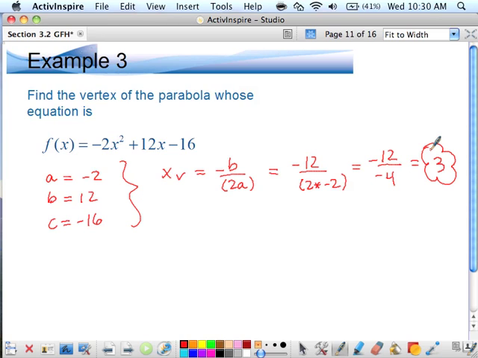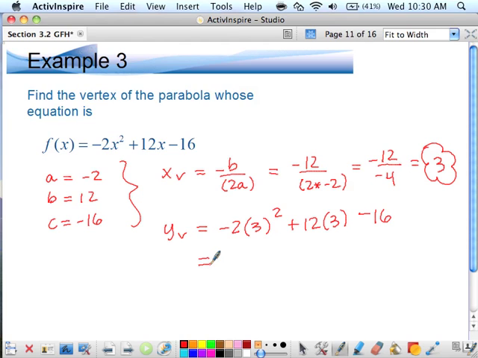Now we need to go through and find the y value of the vertex. The y value of the vertex is equal to whatever you get when you substitute the x value in. So the y value equals negative 2 times x squared, and our x is 3, plus 12 times 3, minus 16.